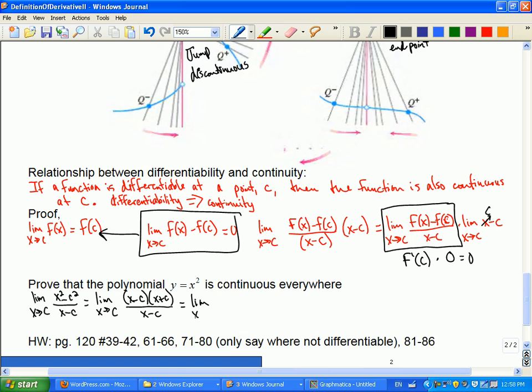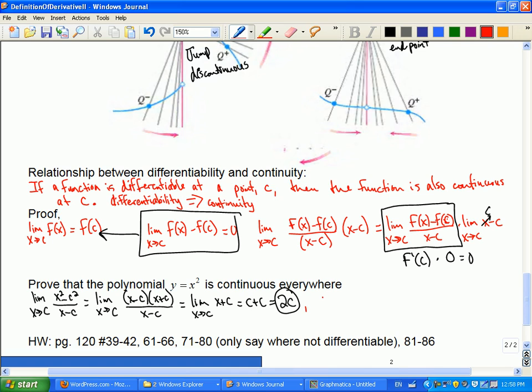So I have the limit as x goes to c of x plus c. Now there is nowhere that 2c is not defined. You can use this derivative I've just found anywhere you want. So because I can use that derivative anywhere, that means it's differentiable everywhere, therefore continuous everywhere.